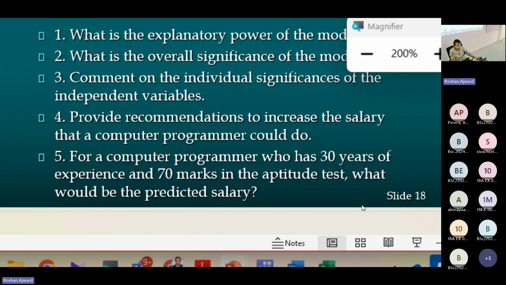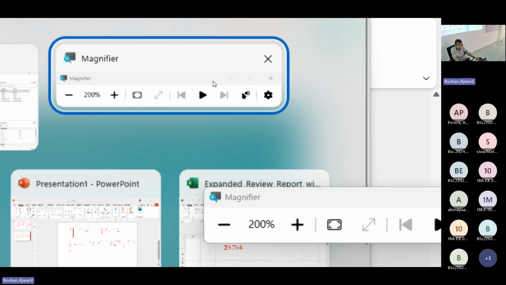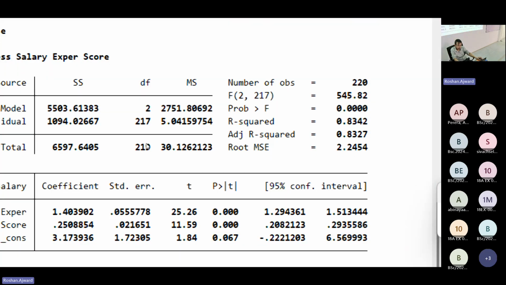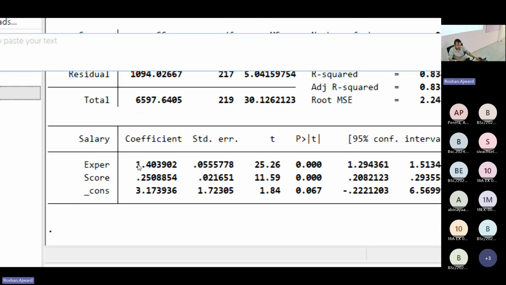Then prediction. How can you do a prediction? For a computer programmer who has 30 years of experience and 70 marks in the aptitude test, what would be the predicted salary? What you need to do is go back and write down the model. The model is salary equals 3.174 plus 1.404 times experience plus the score coefficient times marks.